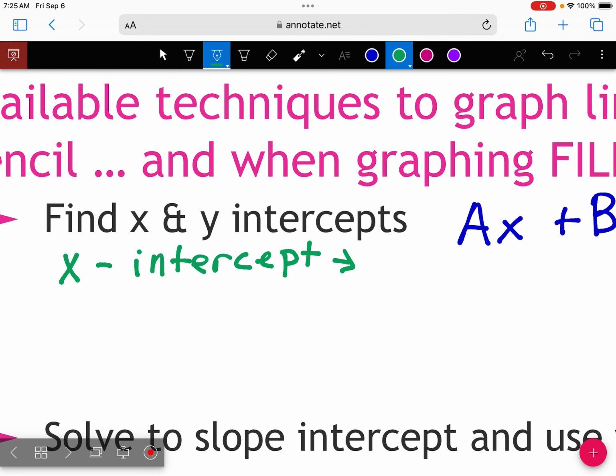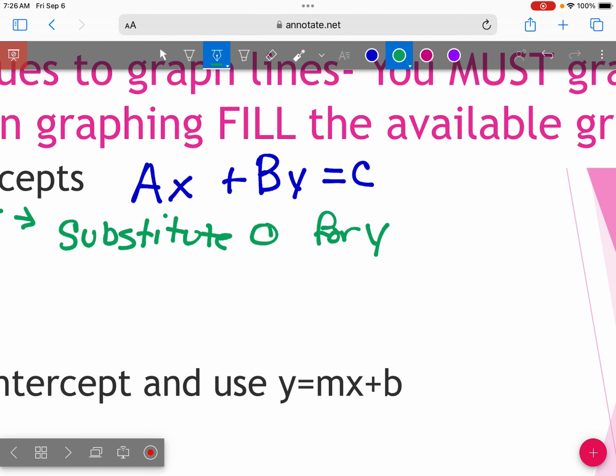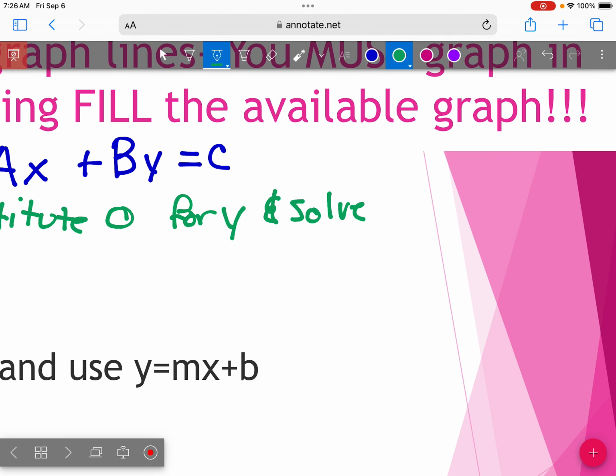So it has a y of 0. So we substitute in 0 for y and solve. It'll give us the point x, 0, our x-intercept.